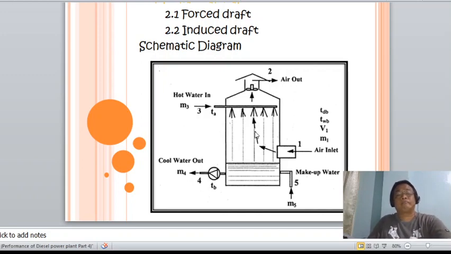The water carried by the air will be replenished by means of the makeup water. So this is the basic illustration or diagram of a cooling tower.